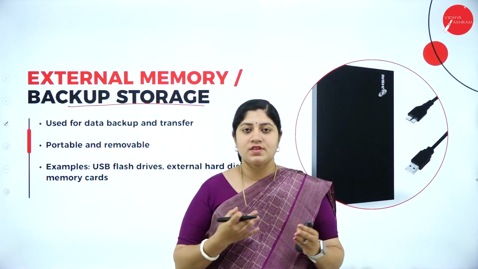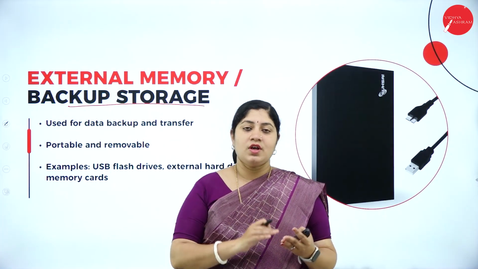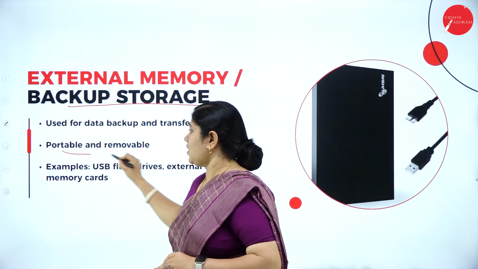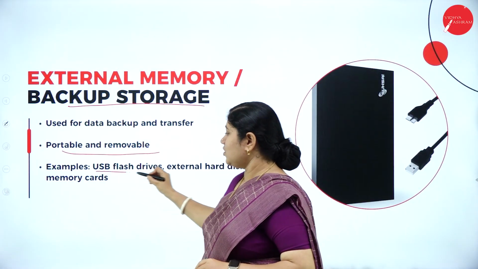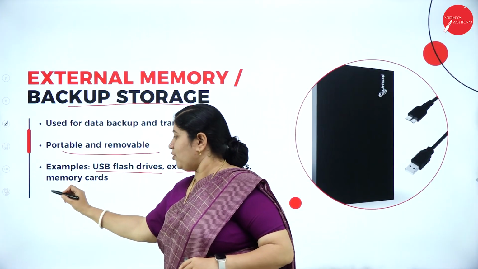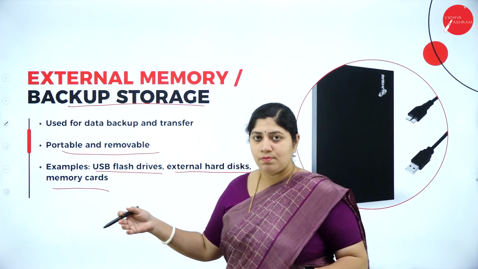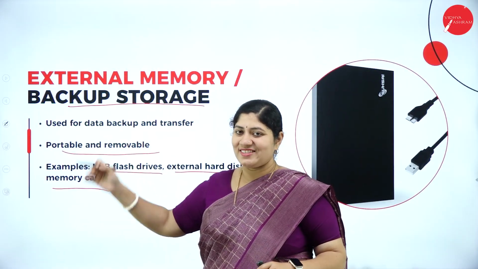Whenever you want, you can just go ahead, connect it and use it. And when you don't want it, you just remove it. So yes, it's portable and removable. Examples of this are USB flash drives, the external hard disk, or memory cards. So these are a few examples of backup storage devices or backup memory devices.